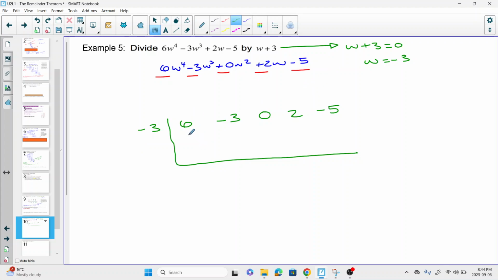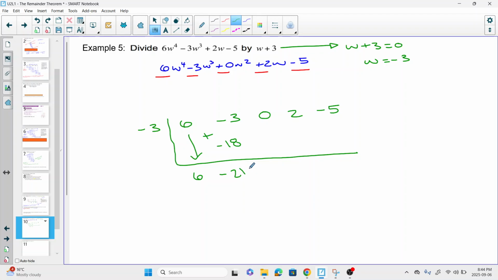I'm going to do 6 times negative 3, which is negative 18. And then I have to do my addition this time, okay? So I'm not subtracting, I'm adding these. So I have negative 3 plus negative 18. That gives me negative 21.